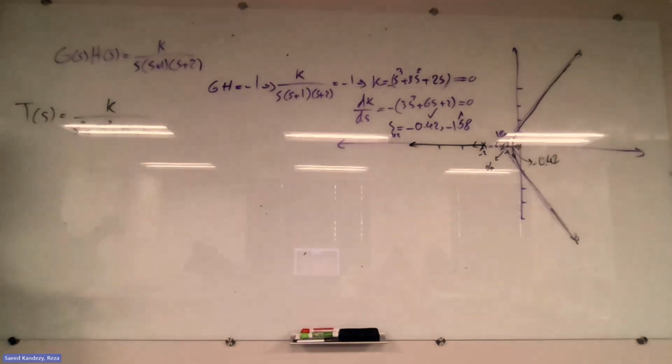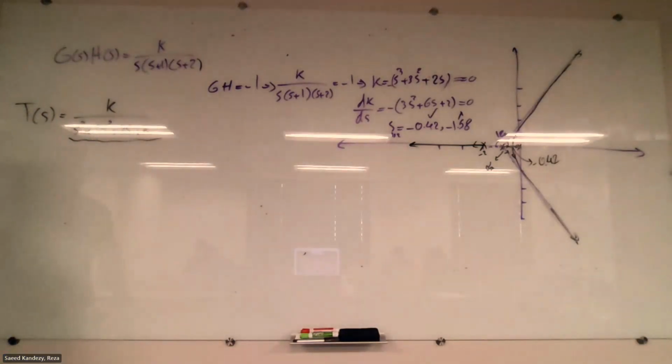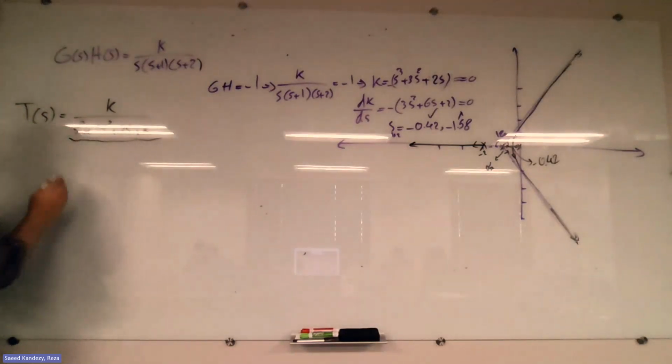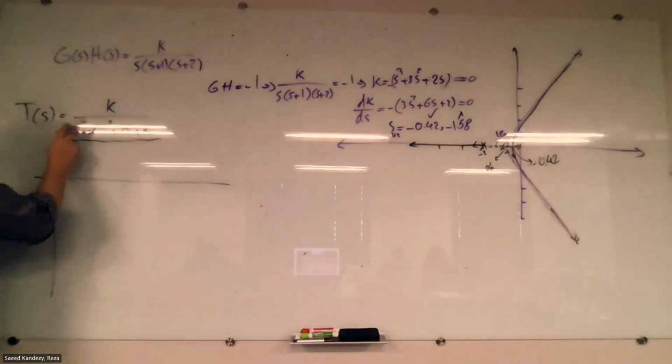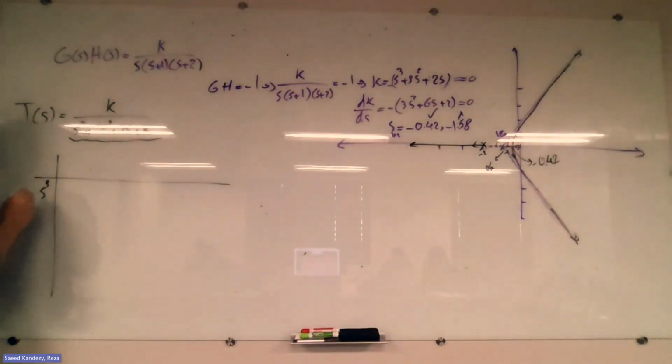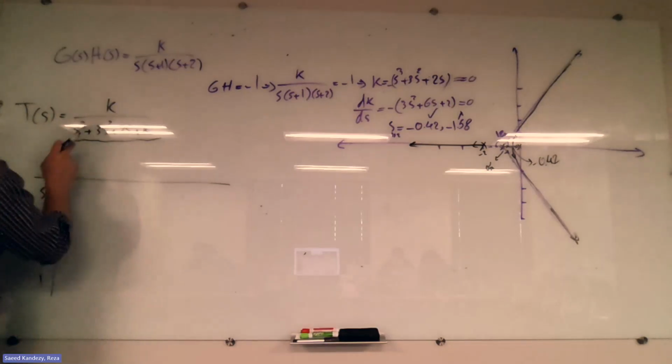This is going to be our T(s). So this is our denominator or characteristic equation. Now we want to write the Routh-Hurwitz table for that equation. It is third order, so we have s cubed, s squared, s, and s to the power of 0, which is 1.